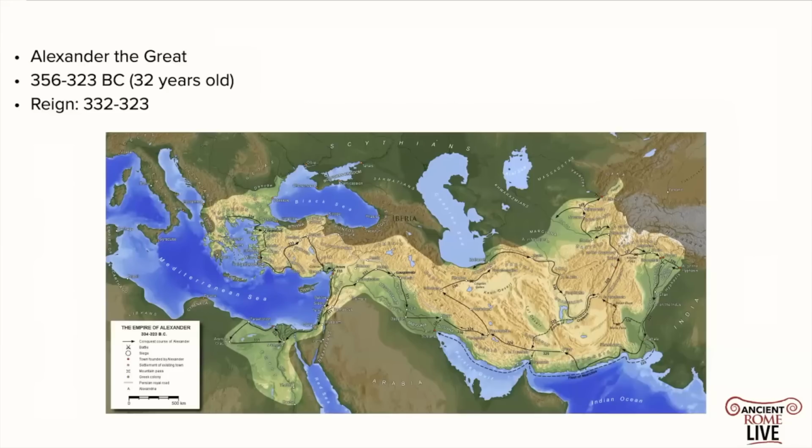It's all predicated on the fact that his father, Philip of Macedon, had already defeated the Greeks. When Philip was assassinated, Alexander the Great, by the way, was implicated in that assassination. On the eve of invading the Persian Empire, Alexander steps in and quickly, surprisingly, against all odds, defeats the Persian Empire.